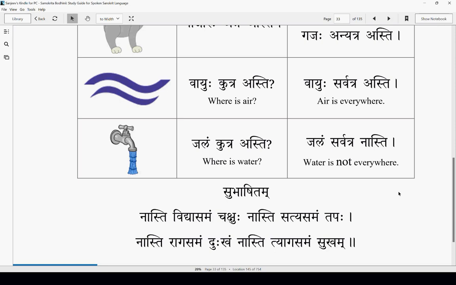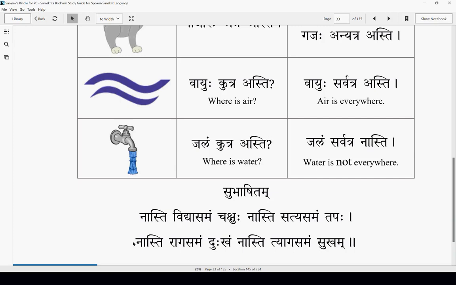The samam, the ma should not be there. Nasti vidya samam chakshur, this should be chakshur nasti. Nasti vidya samam chakshur nasti satya samam tapaha. Anyway, okay.